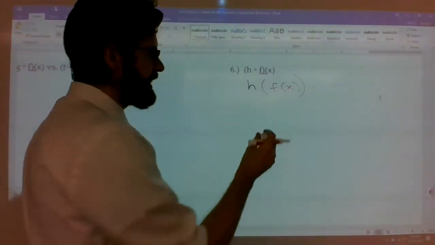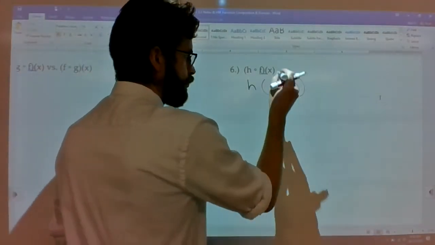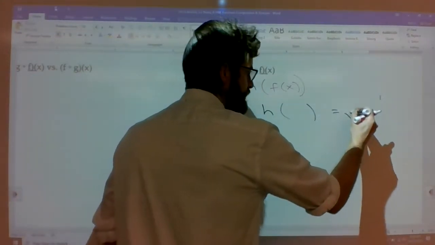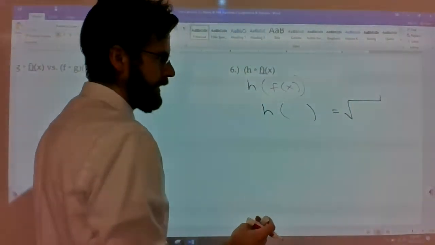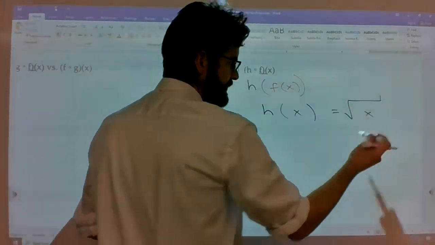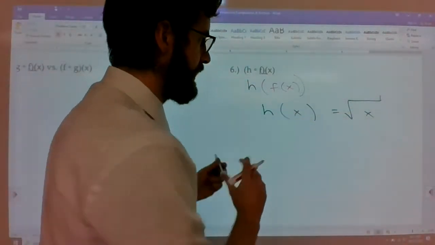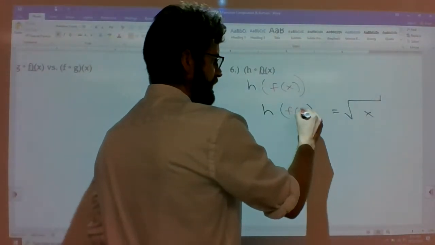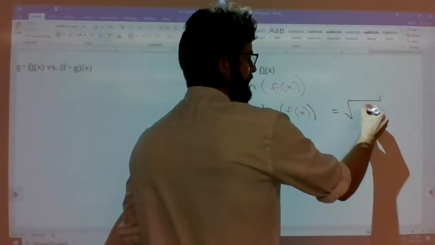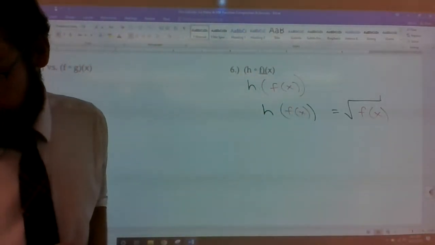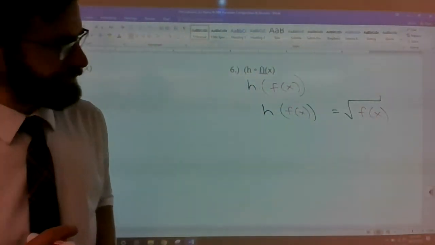So what we're doing is taking the function h of x equals root x. Normally it looks like this, but for function composition, wherever we see an x, we're going to put an f of x. So h of f of x is equal to root f of x. Now root f of x is going to be root 4x squared minus 4x plus 5.